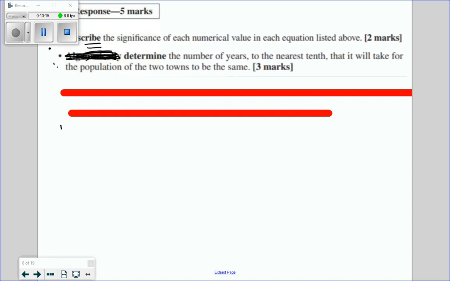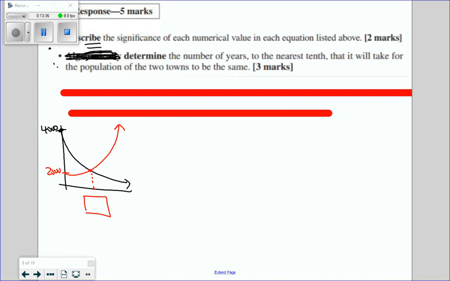So option 1 is you've got 4,000 and you're coming down. Town number 2 is you've got 2,500 and it's going up. What are you looking for? Where they intersect.